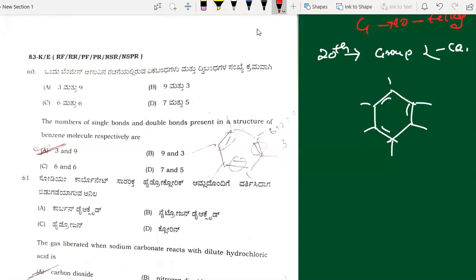Simply count: 1, 2, 3 single bonds, 4, 5, 6, 7, 8 and 9 single bonds. Totally we have 9 single bonds, and double bond 1, double bond 2, double bond 3. So we have 3 double bonds between the carbon atoms. So the answer is 3 covalent.